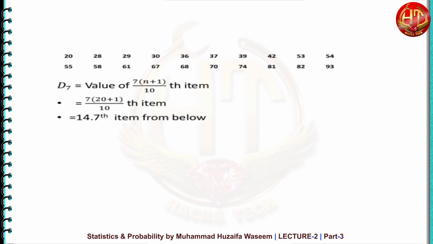So the seventh decile lies between the 14th and 15th value. So 14th value plus 0.7 times (15th value minus 14th value). The 14th value is 67, the 15th value is 68. Solve it and your answer is 67.7. It is close to the 15th value.